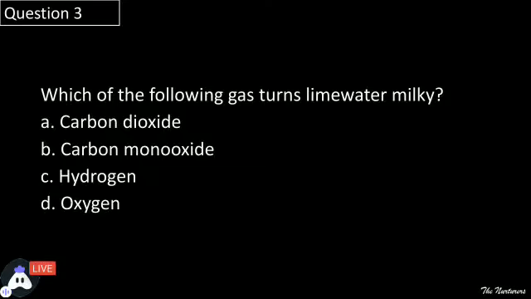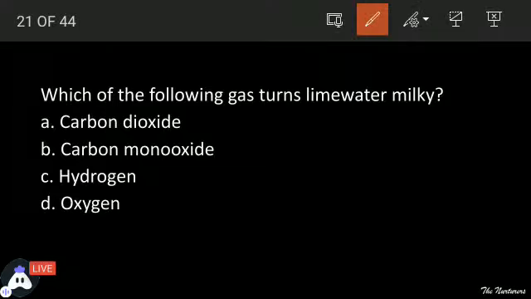Which among the following turns the lime water milky? Perfect, that is carbon dioxide. This is the test. Even in exams it has been asked, how will you confirm that the gas released is कार्बन डाइऑक्साइड? तो आप बोलेंगे अगर हम उस कार्बन डाइऑक्साइड को लाइम वाटर से पास करेंगे और लाइम वाटर मिल्की हो जाएगा तो वो कंफर्म हो जाएगा कि जो हमारी गैस रिलीज हुई है वो कार्बन डाइऑक्साइड है.